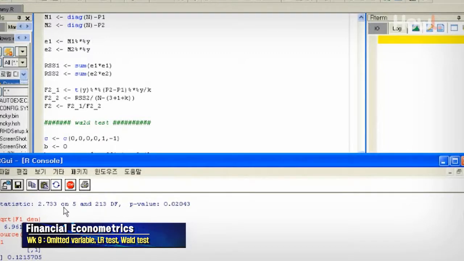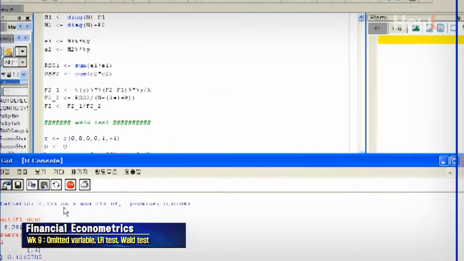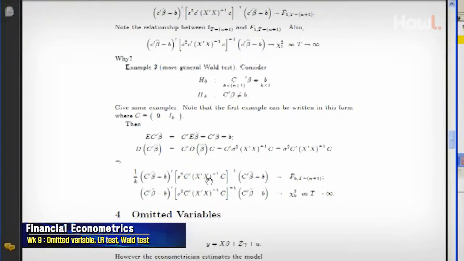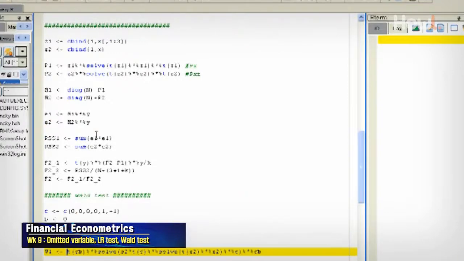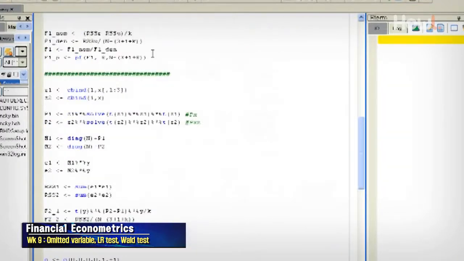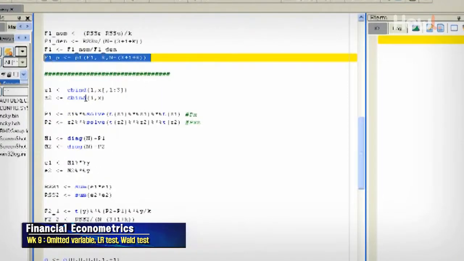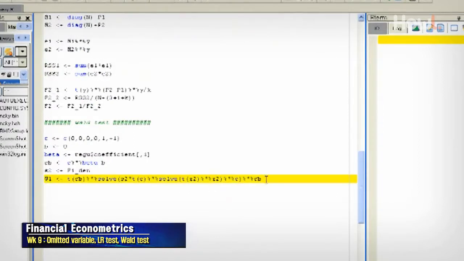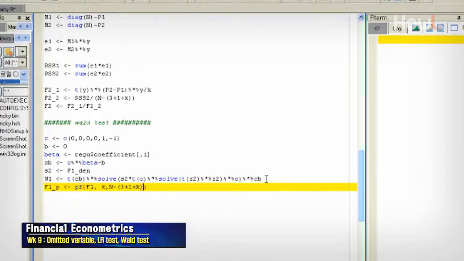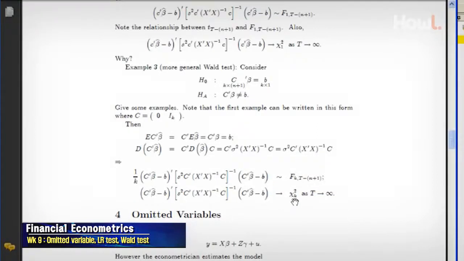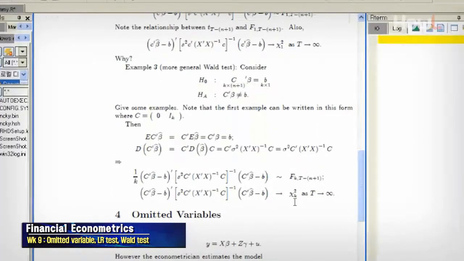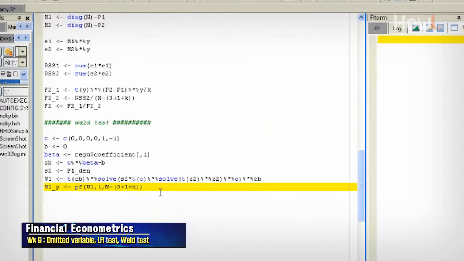So it is very low. But anyway, let's check it. Is it an F distribution? So where is the F? Okay, p-value. W1 and W1 p-value, and degrees of freedom. The first one is K, but K is actually 1 in our case.